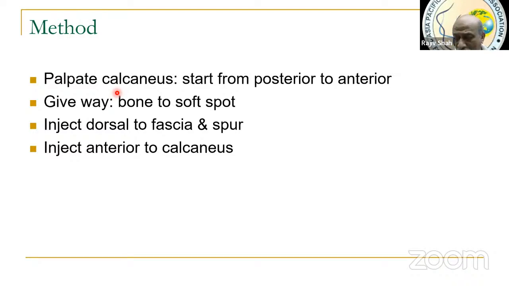So from the bone to the soft spot is what you traverse from posterior to anterior with your finger or thumb, and then you have to inject dorsal to the plantar fascia, dorsal to the spur, and anterior to the calcaneus.